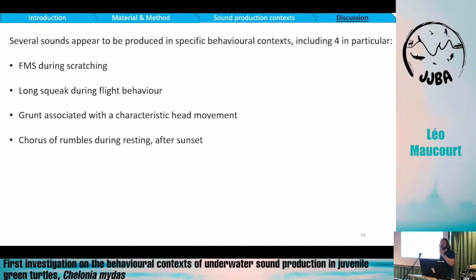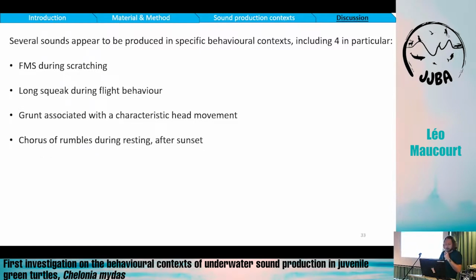So to conclude, we recorded for now 4 sounds in a specific context: the FMS during scratching, the long squeak during flight behavior, the grunt, which coincides with the retreat head movement. We think it could be a potential visual agonistic component analogous to aggressive threat signals.